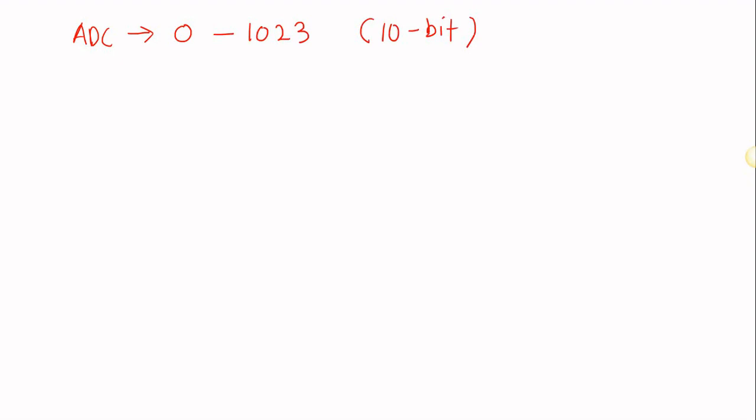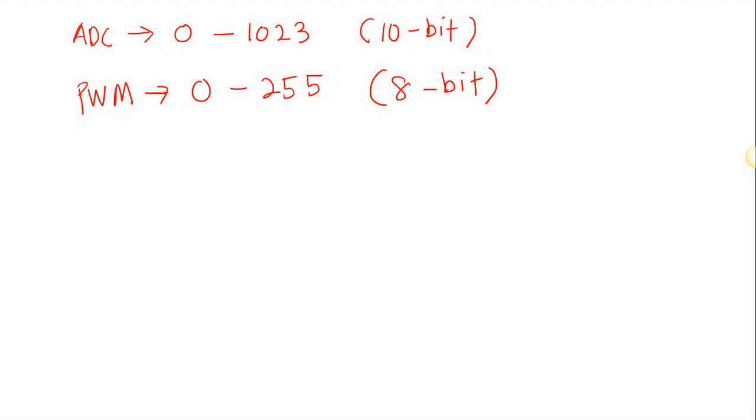But please remember from your previous class, the PWM is ranging from 0 to 255 because PWM in Arduino is using 8-bit. Since we have a different bit implementation here, we need to do some trick.